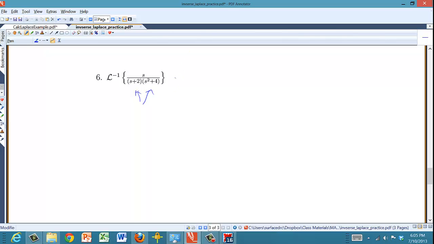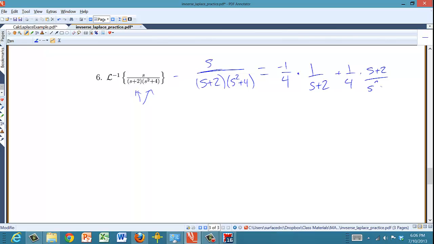So let's see, if I do a partial fractions decomposition, you can check that s over s plus 2 times s squared plus 4 is really equal to negative 1/4 times 1 over s plus 2 plus 1/4 times s plus 2 over s squared plus 4.